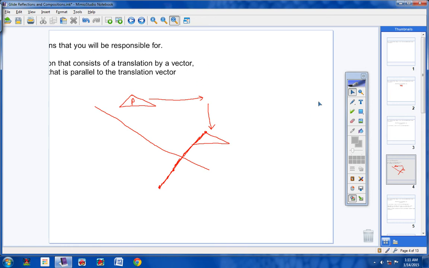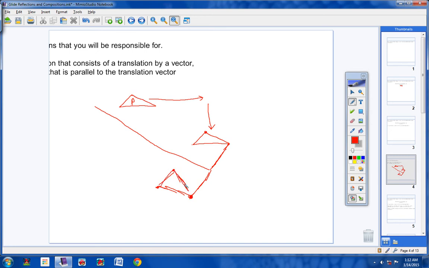And this point here is this distance away, so I go the same distance approximately and put that point about right there. And so there's my triangle right here.